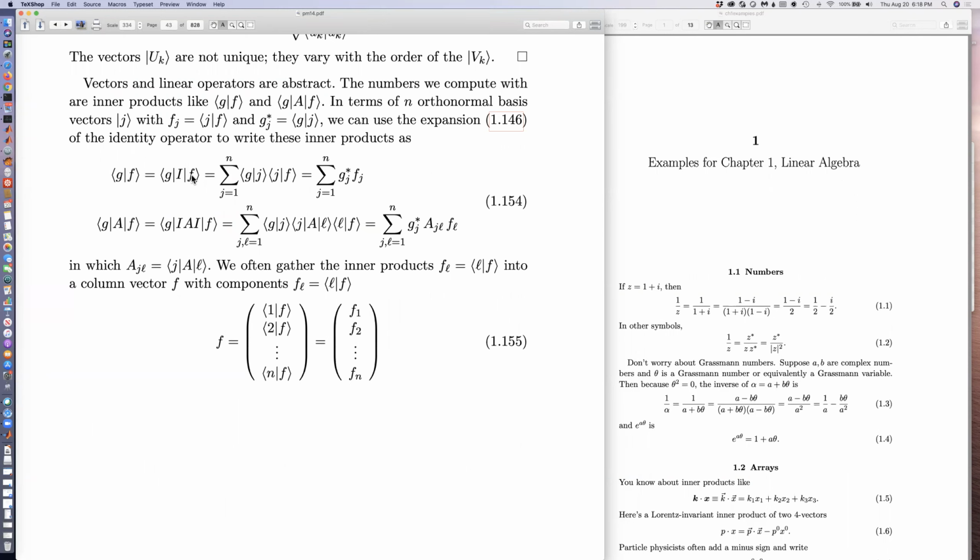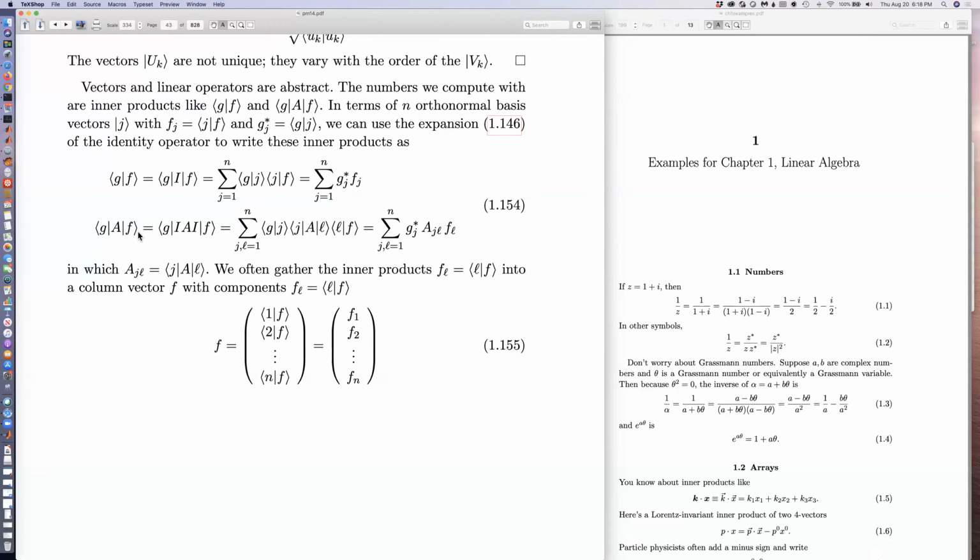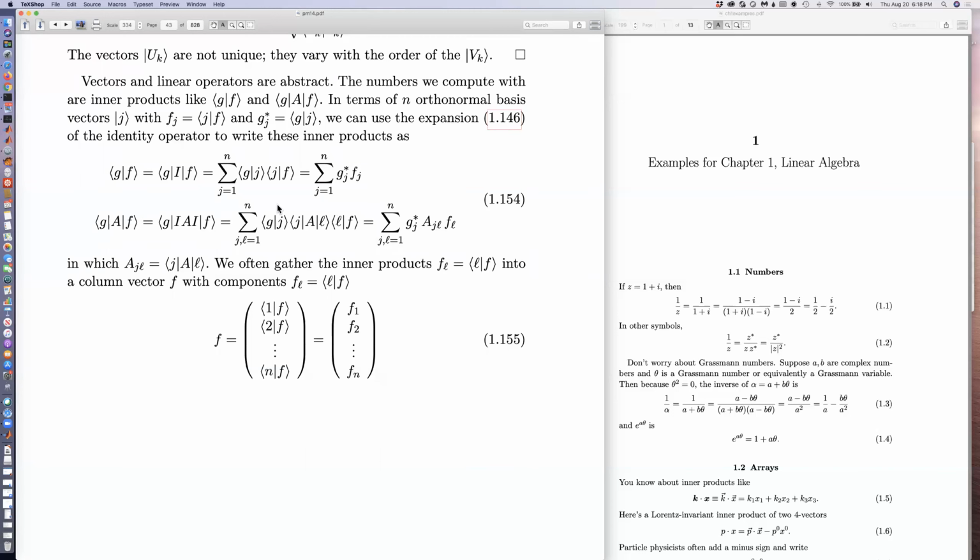GF is G identity operator F. For the identity operator, we can pick any orthonormal basis we want, and that then gives us a sum over products of the components of the ket F with the complex conjugate of the components of the ket G, or equivalently the components of the bra G. And inserting the identity operator twice, we get this, and we could have used two different bases. This could be the J basis, could be some alpha basis, whatever. Alpha I'm just using as a different label.